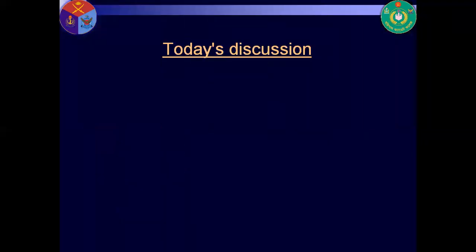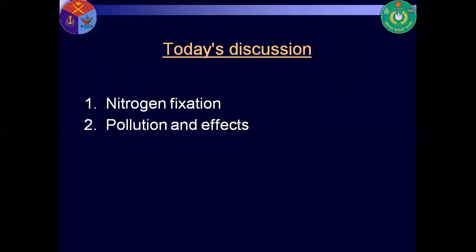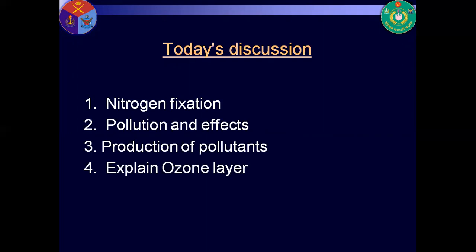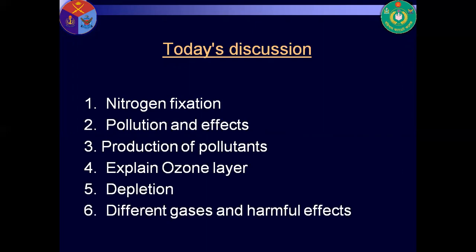Today's discussion: nitrogen fixation, pollutions and their effects, production of different pollutants and their harmful effects, ozone layer, depletion of the ozone layer, then different gases and their harmful effects on the environment.